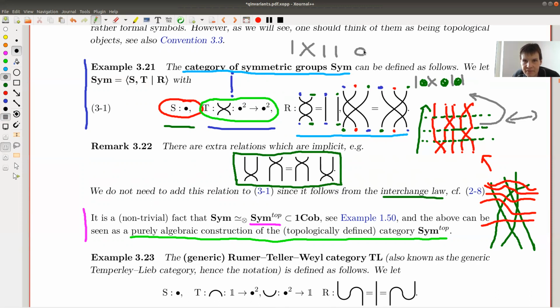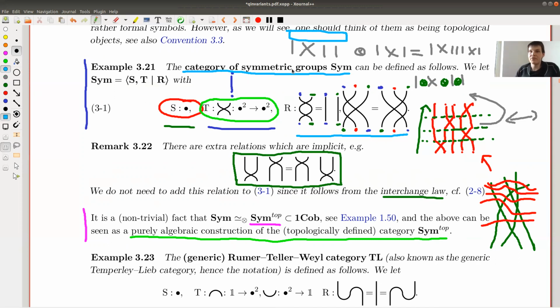You can concatenate it vertically with this to get, whatever. I hope that was right. Or you can compose it horizontally by stacking something on top, and that's it.